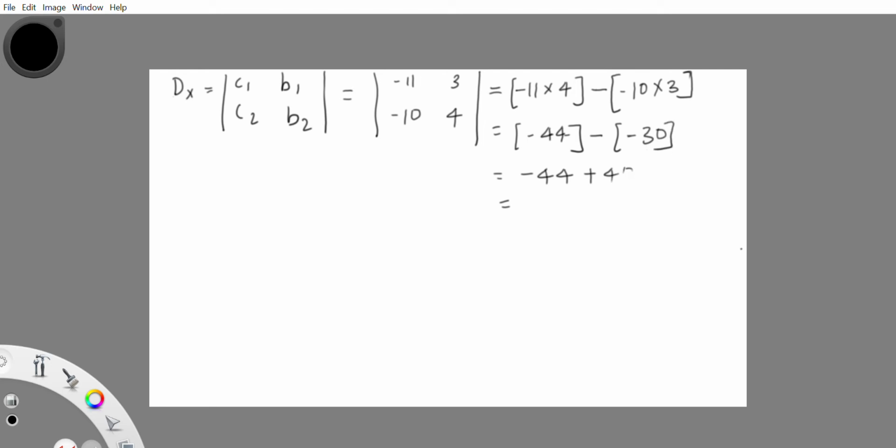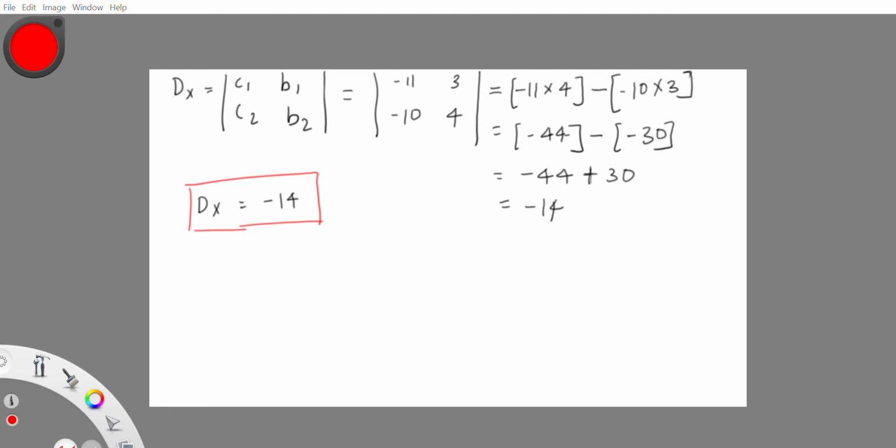Once the bracket opens, instead of minus 30, I'll have plus 30. So minus 44 plus 30 becomes minus 14. So my value for Dx is minus 14.